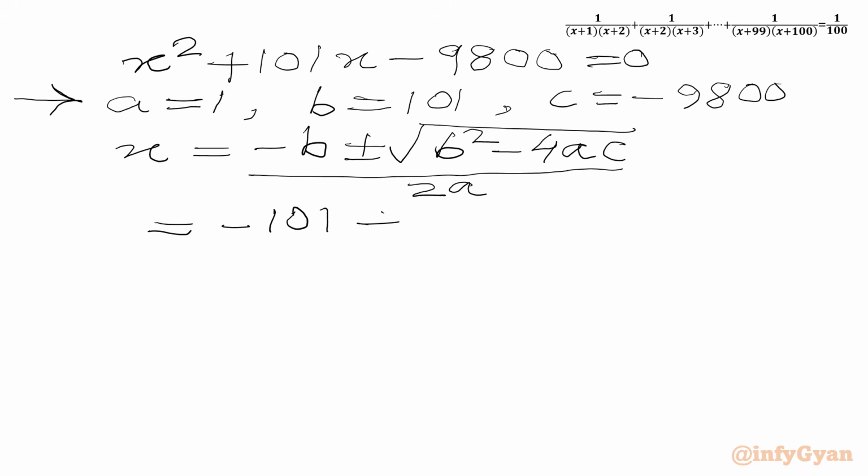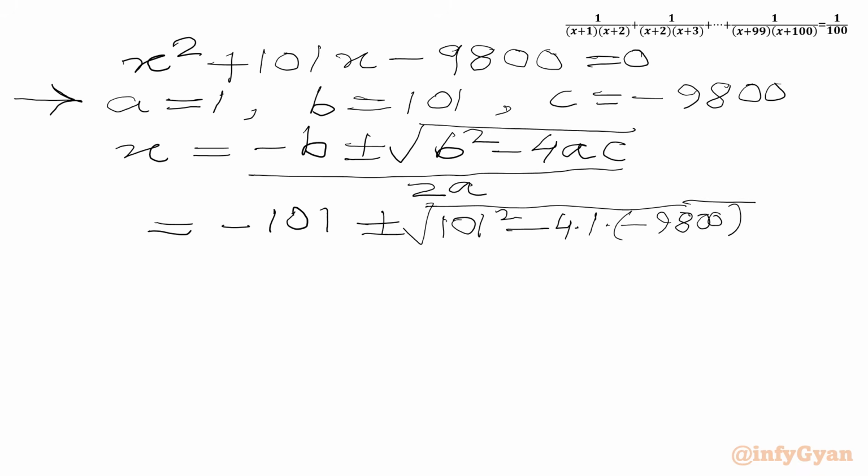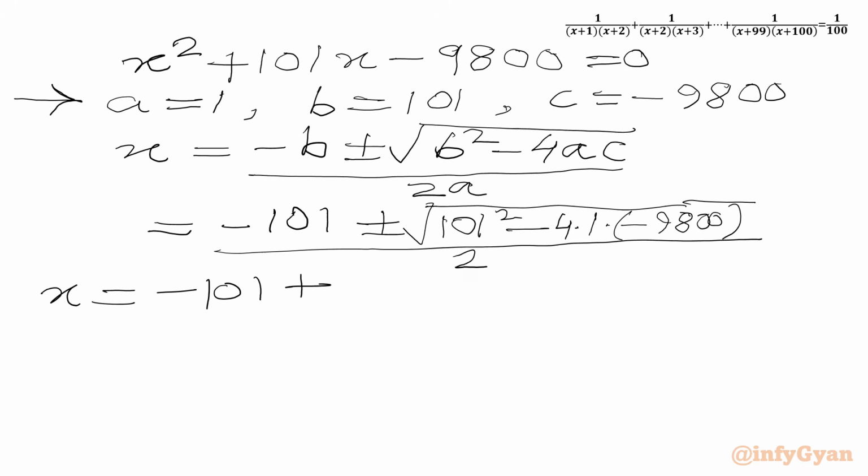Then we will write plus minus square root of 101 whole square minus 4 times 1 times minus 9800 over 2 times 1, which will be 2.